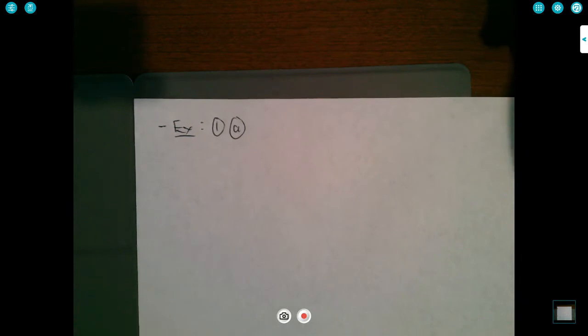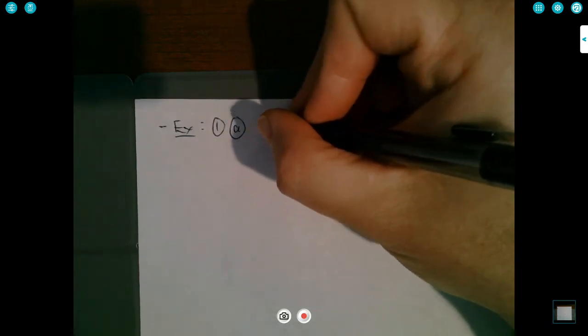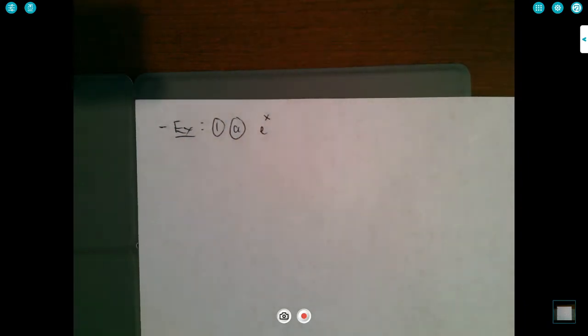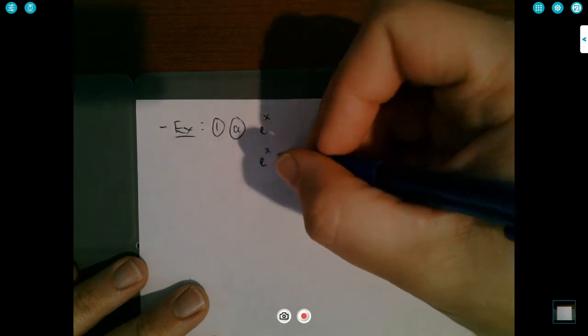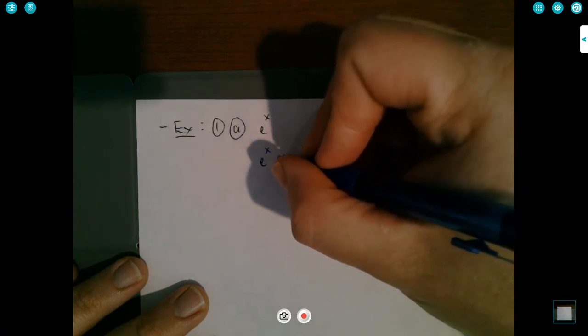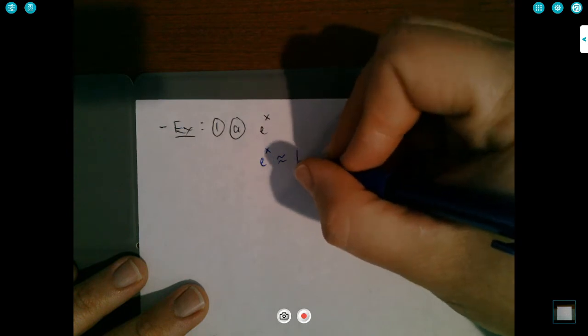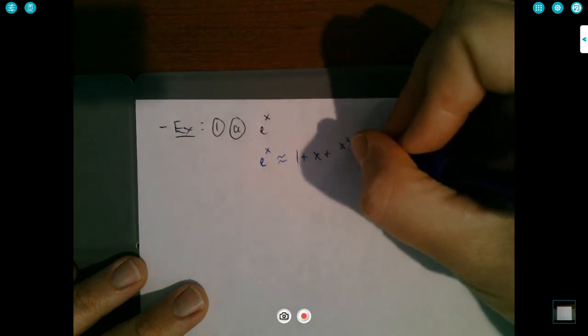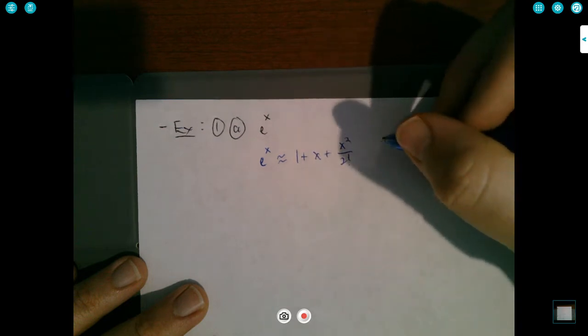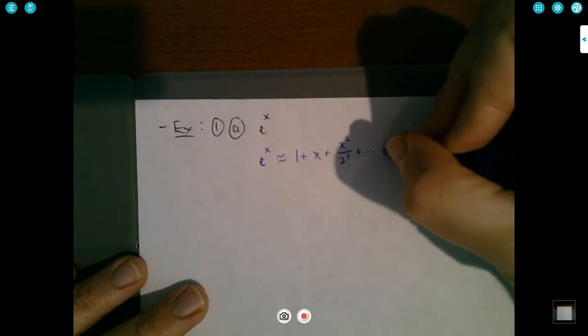So for part A, we want the Maclaurin series for e to the x. Well, in yesterday's work, we found that the Maclaurin polynomial for e to the x was 1 plus x plus x squared over 2 factorial, and so forth.